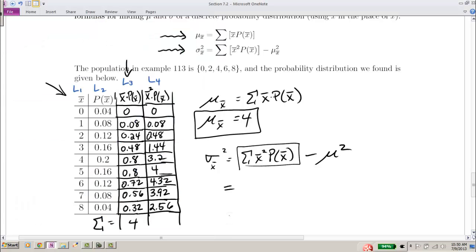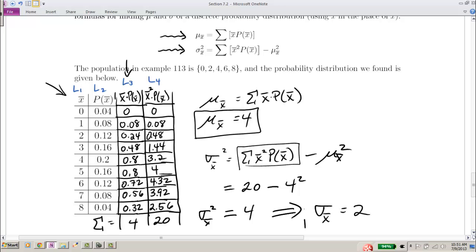We get 20. And of course we have to subtract off mu squared, which is mu of the x bars squared. So minus 4 squared. 4 squared is 16. 20 minus 16 is 4. So we have our variance, sigma squared, equal to 4, which means that sigma x bar must be equal to 2. So there's our mean and standard deviation for the distribution of the sample means.